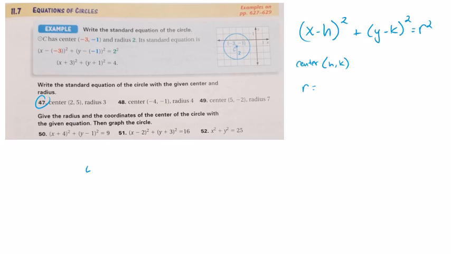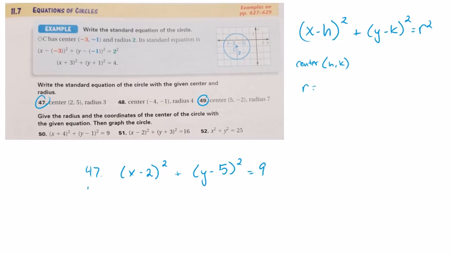If I plug all that information into the formula, I should get x minus 2 squared plus y minus 5 squared equals 3 squared. Go ahead and take this step and actually square the 3 and get 9. And that is your standard equation for your circle.